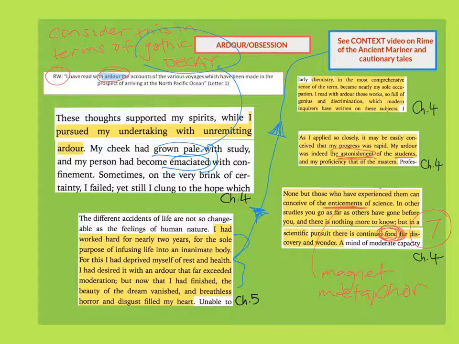"I worked hard for nearly 2 years for the sole monomaniacal purpose of infusing life into an inanimate body. For this I had deprived myself of rest and health. I had desired it with an ardour that far exceeded moderation." So absolutely a sense of a cautionary tale and a warning here of this obsessive ardour, this monomaniacal pursuit of vanity and glory.